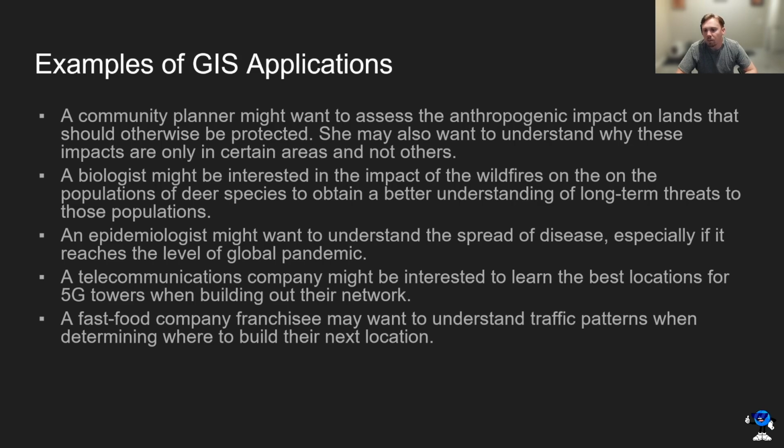An epidemiologist might want to understand the spread of diseases, especially if it reaches the level of global pandemic. A telecommunications company might be interested to learn the best locations for 5G towers when building out their network. And a fast food franchisee may want to understand traffic patterns when determining where to build their next location.